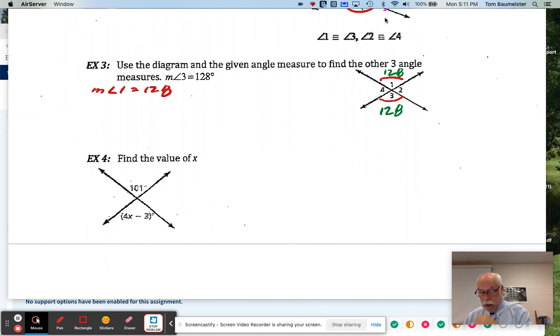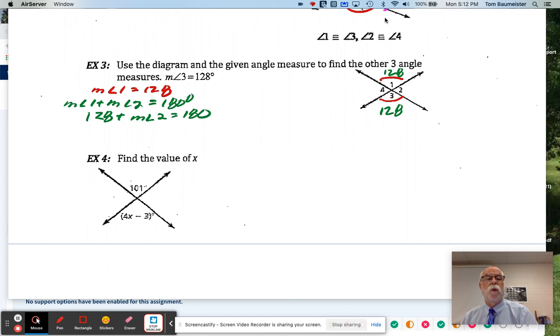So we can say that the measure of angle 1 plus the measure of angle 2 is equal to 180 degrees. We know that the measure of angle 1 from what we just said was 128 degrees, plus the measure of angle 2 is equal to 180 degrees.